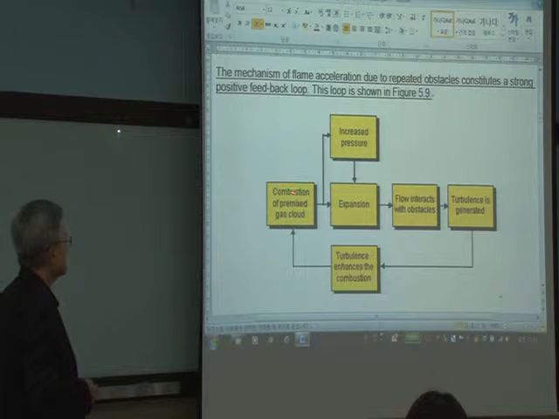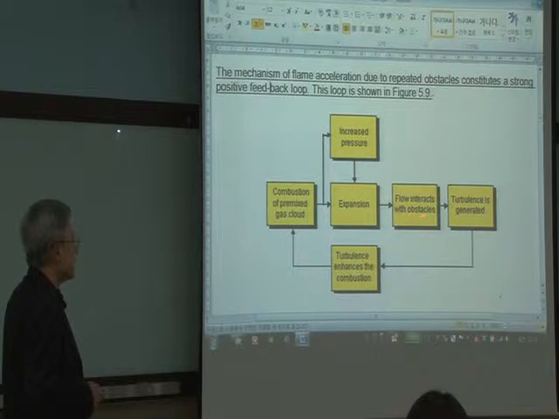Here, the combustion of a premixed gas cloud is expanding, then the flow interacts with the obstacle, generates the turbulence, then turbulence enhances the combustion rather than laminar flow, then it just goes back in as a positive feedback in the system.